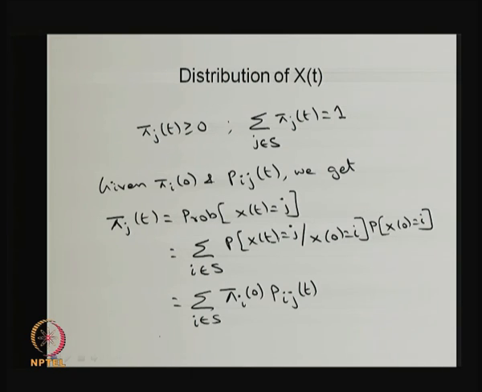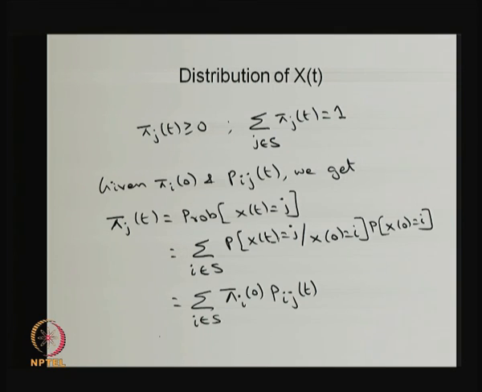So, for a given pi i of 0 and p i j of t, that means the transition probability and the initial state probability vector, one can find out the distribution of X of t.